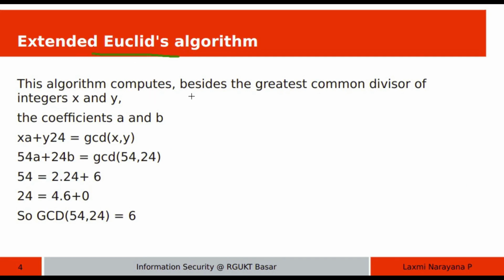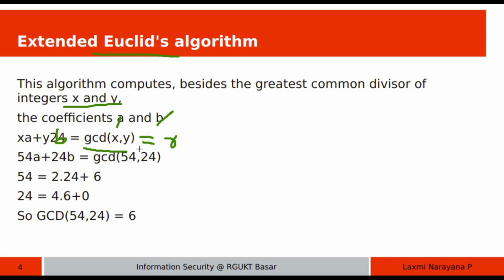The extended Euclidean algorithm will compute the GCD of two numbers and the integer coefficients of those two numbers. If the GCD of x and y equals r, then there exist integers a and b so that xa + yb = r.